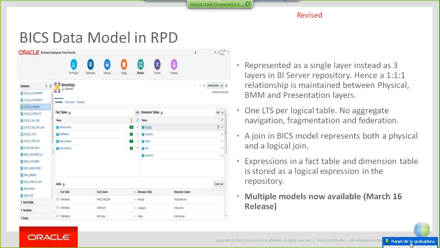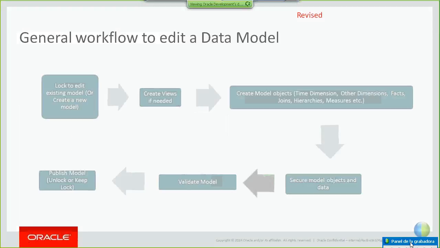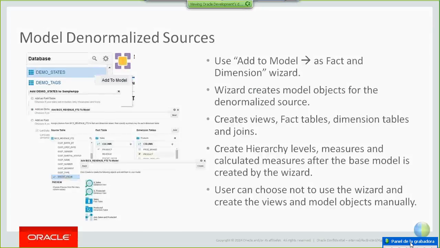In case you want to leverage any of these functionalities, I've already explained. Using the RPD lift and shift, you can use that. If you want to leverage them, you can use the traditional RPD development for that, and using the RPD lift and shift, you can move the RPD to your BICS. So the same workflow, and you can model your denormalized sources.